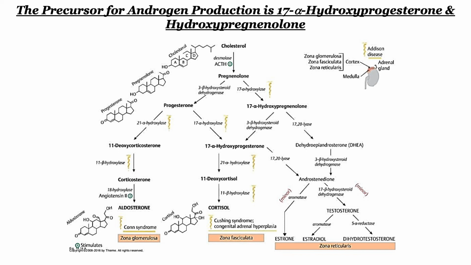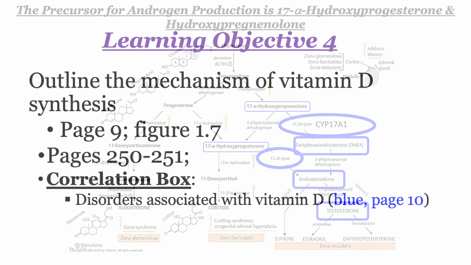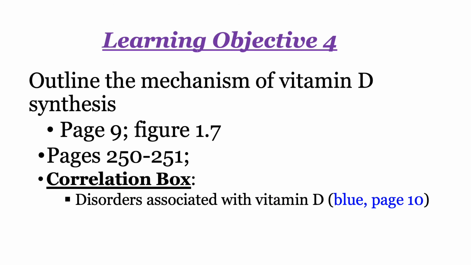You can see that here. CYP17A1 is here, and here are 17-alpha hydroxyprogesterone and 17-alpha hydroxypregnenolone. So with mutations in this gene, you'd expect an accumulation of these precursors and a lack of downstream products. Now let's move on to our.